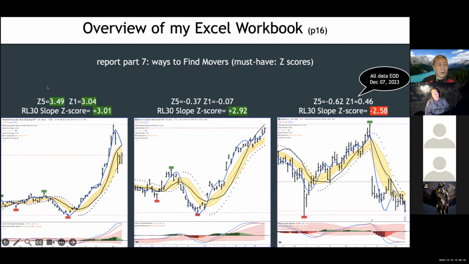Z5 is a 3-point high, Z1 is 3, and the 30-day Z score is 3. So this is what the move is. Look at this. And this is a 30-day Z score of 2.9. This is the oversold. Yeah, it is really powerful.